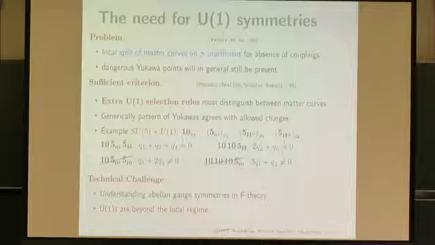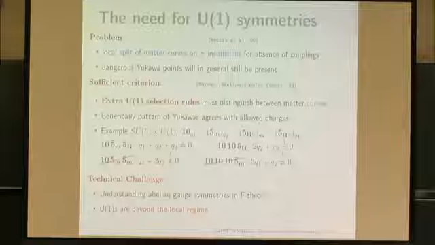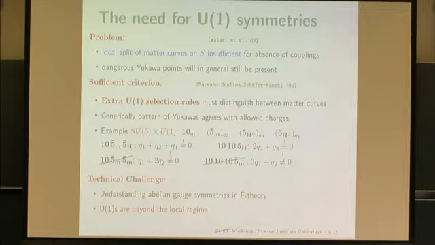For example, if we have an extra U1, like in a model SU5 times U1 with general charge assignments of that type, then we want the 10-5-5 for matter by Higgs, we want the 10-10-5, but we don't want the dimension 4 and dimension 5 proton decay operators. This gives you relations between the charge assignments that you want. In particular, if you want to forbid both of those, you need to ensure that Higgs up and Higgs down have different charges, and this is what Sakura et al. then called the U1 Peccei-Quinn.